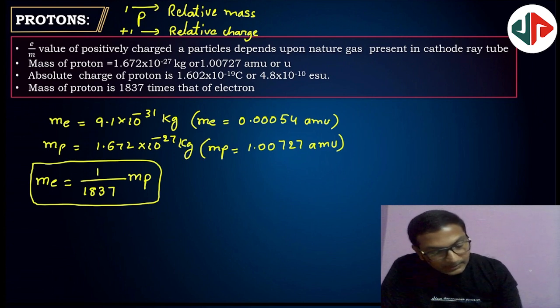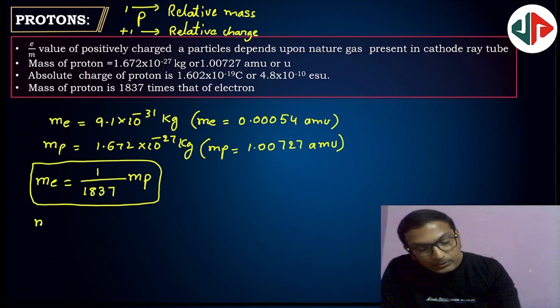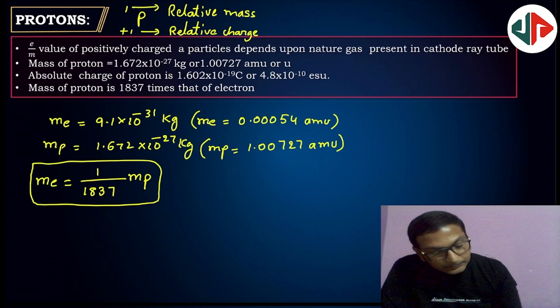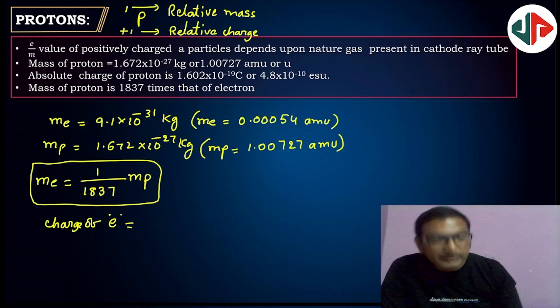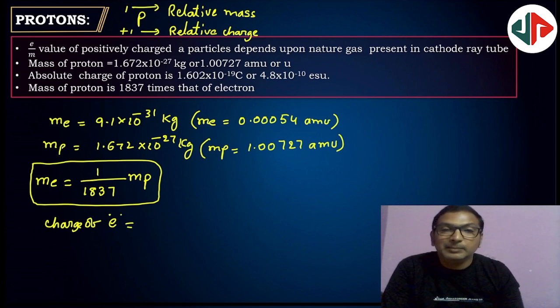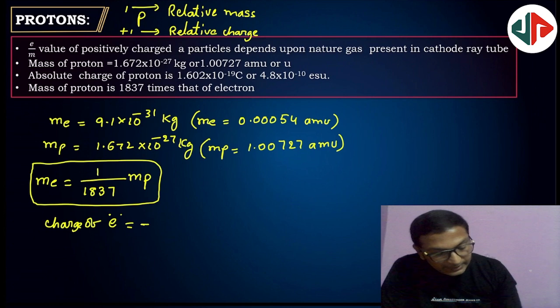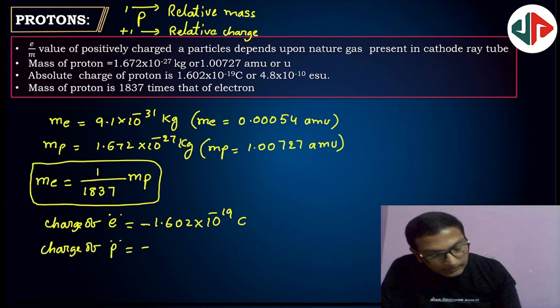Next, we know the charge of electron is 1.602 into 10 power minus 19 coulombs with a negative sign. Charge of proton is plus 1.602 into 10 power minus 19 coulombs.